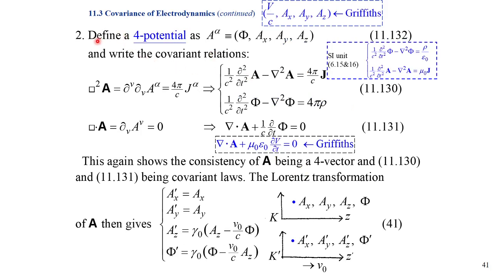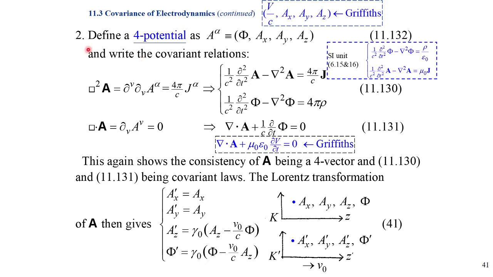Next, remember we have a scalar potential and a vector potential. The scalar potential has 1 component. The vector potential has 3 components. So in total, we will have 4 components.